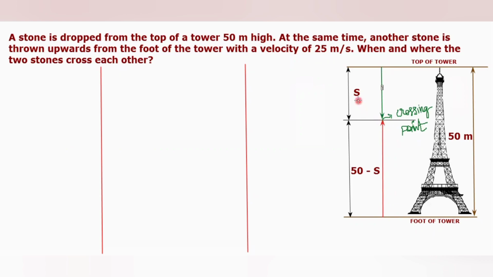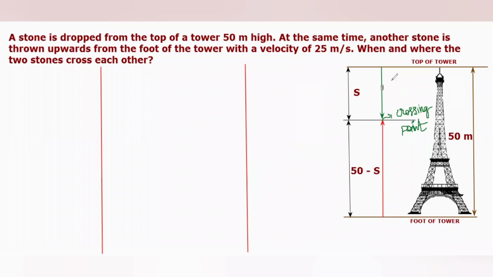Then we know that the linear distance between the foot of the tower and the top of the tower is 50 meters. The distance between the top of the tower and the crossing point is S, so the distance between the foot of the tower and the crossing point will be 50 minus S. Here this is motion under gravity.